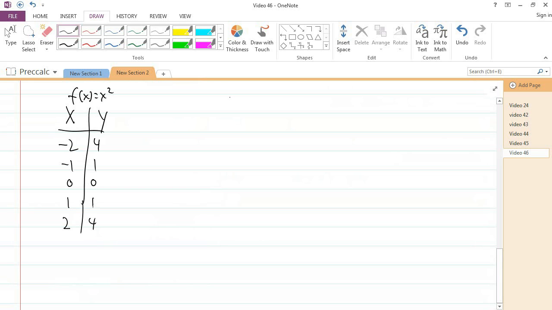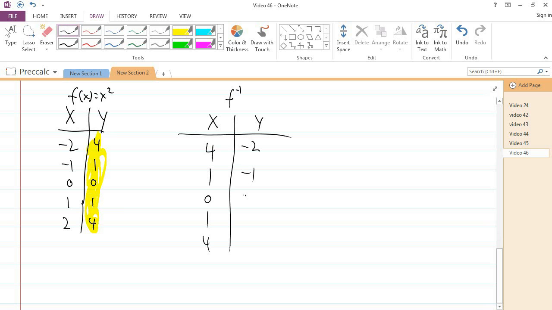If I try to take the inverse of x squared, remember that I'm exchanging x and y values. So what's going to be the problem with my inverse when all of these y values become x values? My problem is this is not a function. Okay, this is why for there to be an inverse, a function has to be one-to-one. It's got to be one-to-one.